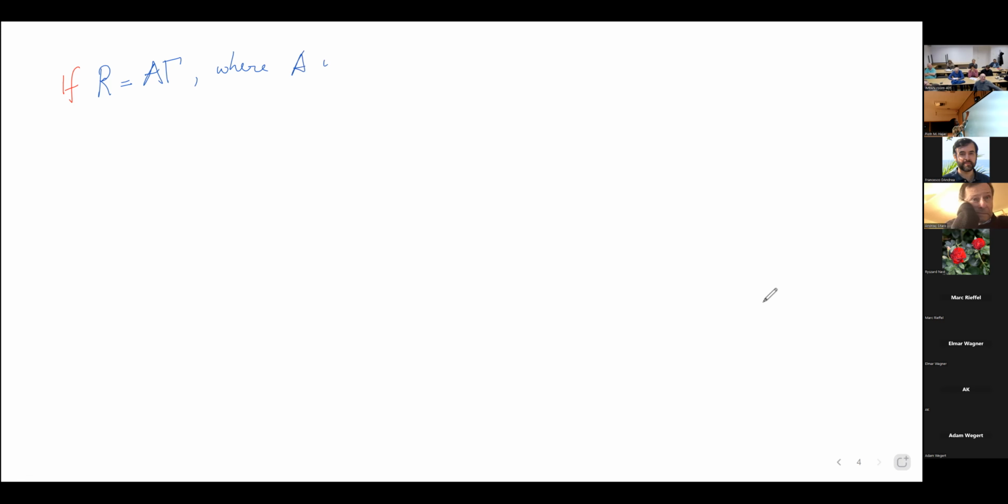Where A is a commutative ring and gamma any group.